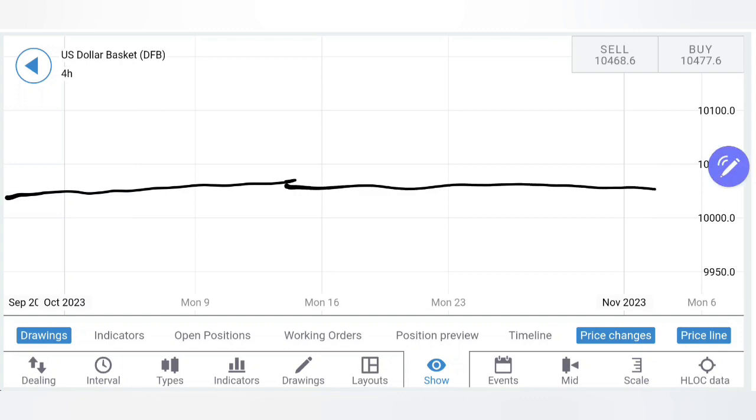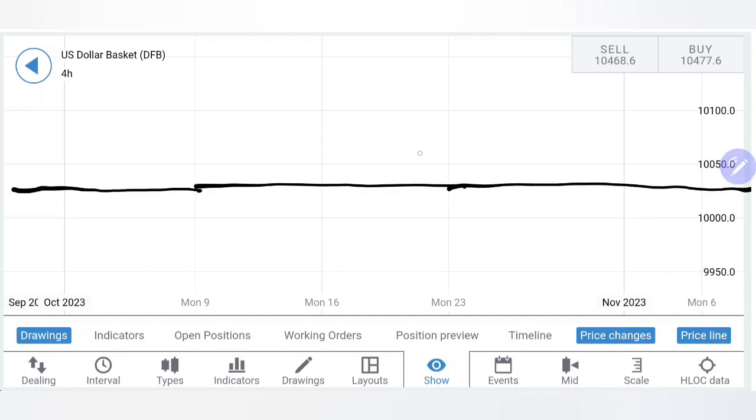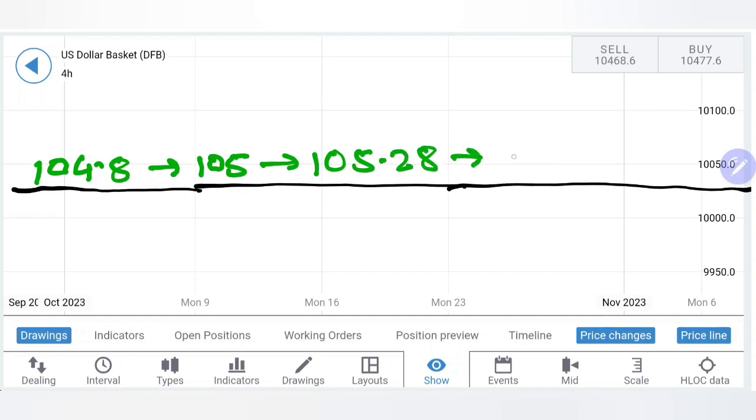Now, looking at this, first, where to buy? As it has seen a bottom, I think probably a little retracement. Thus, 104.8 itself you can buy. Expect 105, then 105.28 and 105.5 levels. This is the first milestone and a very, very strong resistance, 105.5 and 105.4 levels.